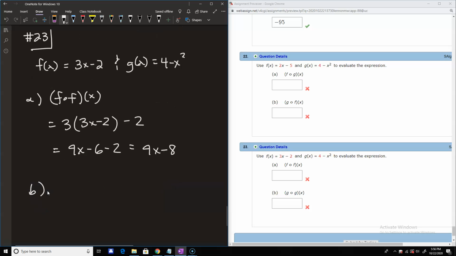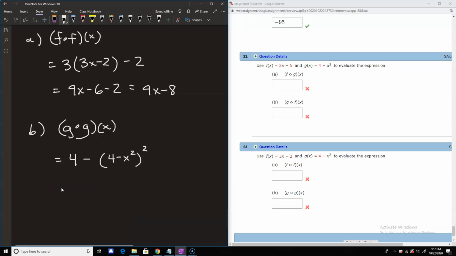And then for b, they want to do g of g of x. So basically what we want to do again is write down the formula for g, so 4 minus, and then change x to parentheses, and we're squaring whatever's in the parentheses. Well, if we're composing g with g, that means we're plugging the whole formula in for g, the original formula, where that set of parentheses is. So in that parentheses, we're going to write 4 minus x squared again.